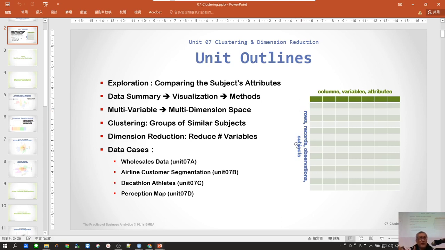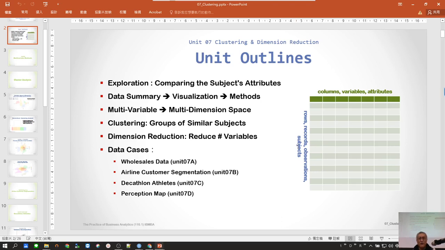If the grouping is already there, then you don't need to do clustering, right? Like region, like age group, like area code. It's already there, right? But sometimes you want to group subject by their similar behavior, right? And that's why you do the clustering, okay?